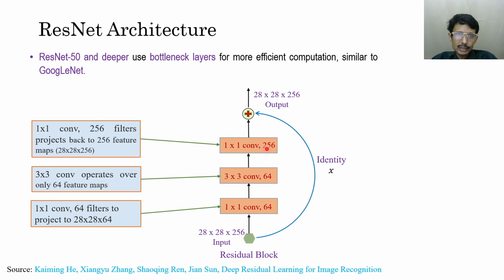Again we project to 256, but this costlier operation is done in only 64 channels. This is how ResNet 50 and deeper use bottleneck layers for efficient computation, similar to GoogleNet. This is the residual block with bottleneck connections.